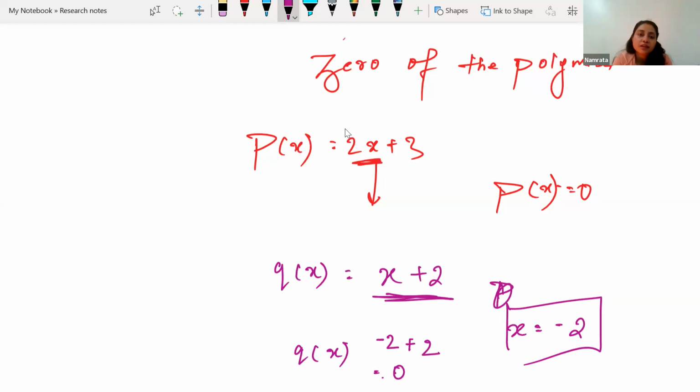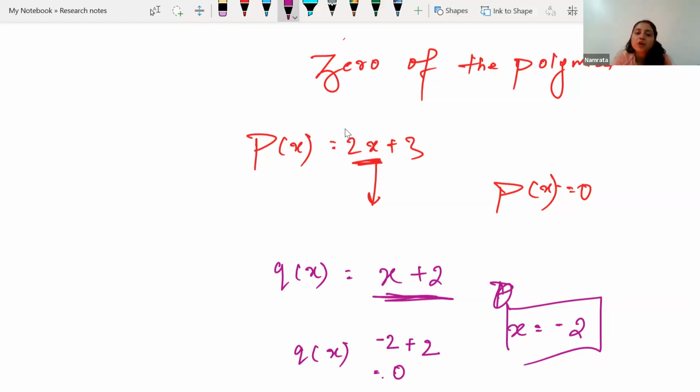How we will find that? Here it was very simple, just by guessing that when we substitute x value as negative 2, we will be getting the polynomial qx as 0. So x equals to minus 2 is called the 0 of this polynomial. It was simple over here to just identify by looking at the polynomial.